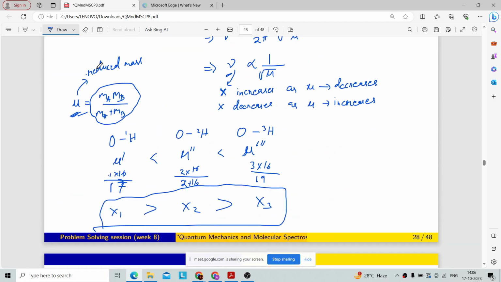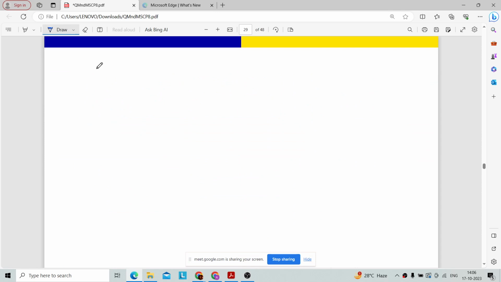Okay. So as we are considering it to be purely harmonic, what will be the fundamental vibrational transition? It will be from V equal to 0 to V equal to 1, right? This will be the fundamental vibrational transition.